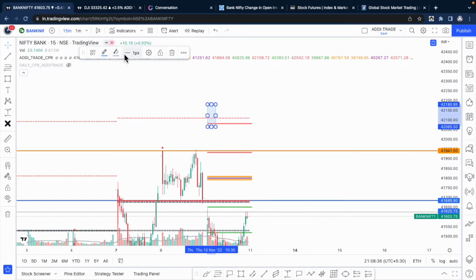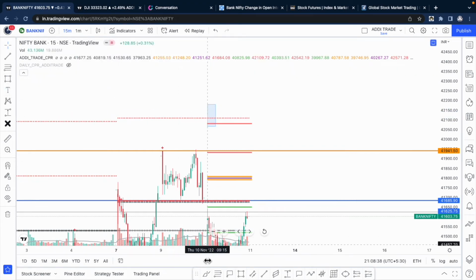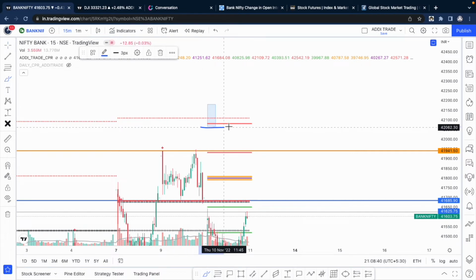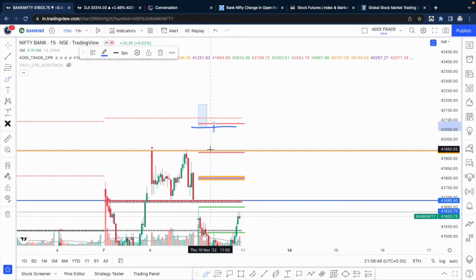The best thing to do is wait to see if this low is holding. If this low breaks, wherever we gap up, then most probably we might come to fill the gap, or at least test levels of 41,900. We'll try and take a shot.